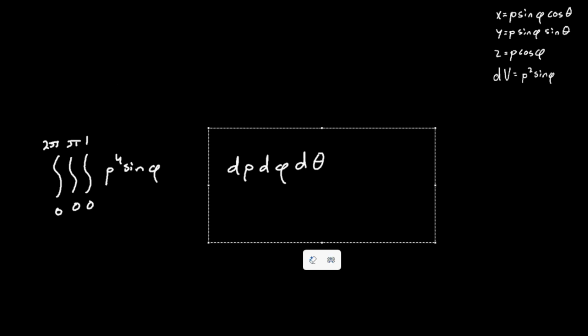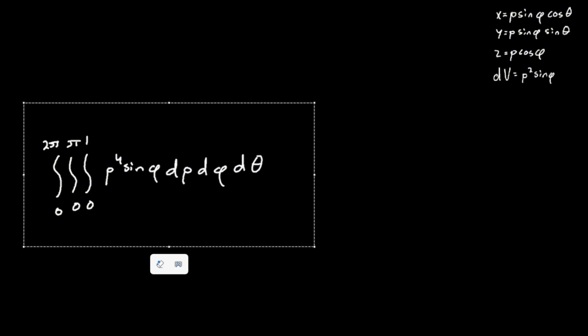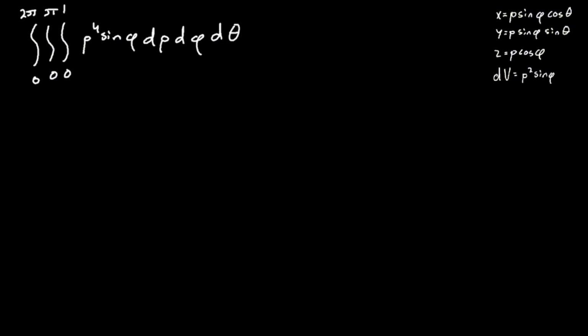Now the hard part's over, and we are just doing easy calculus at this point. After setting up your triple integral, which is usually the hard part, just make sure you don't make an arithmetic error or some calculus 1 error.